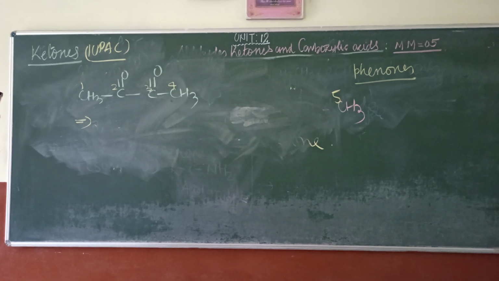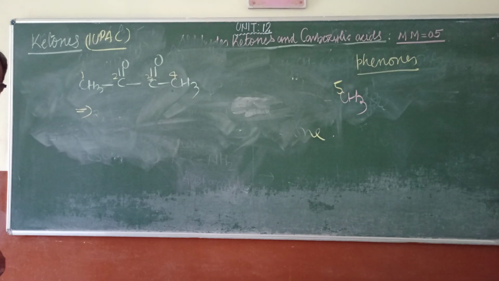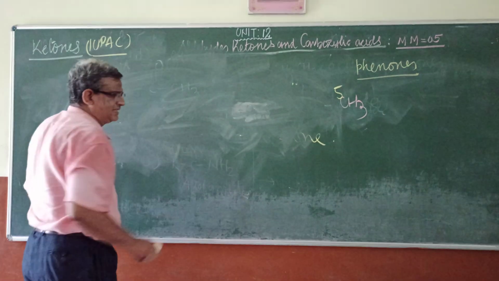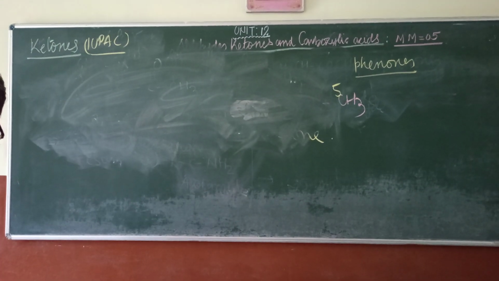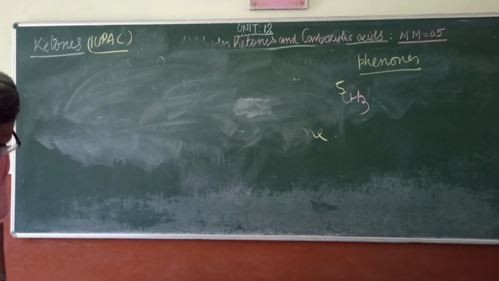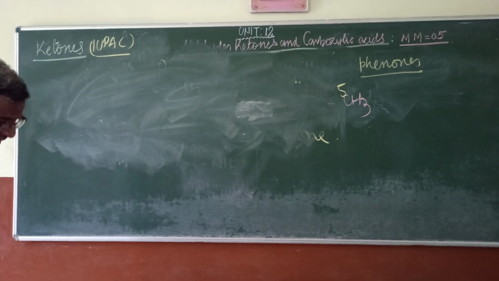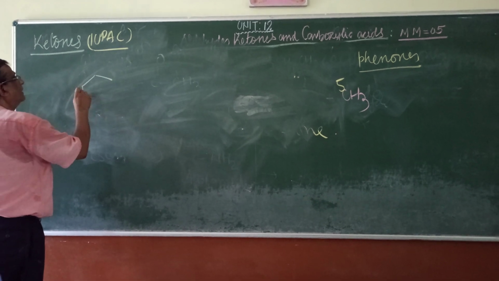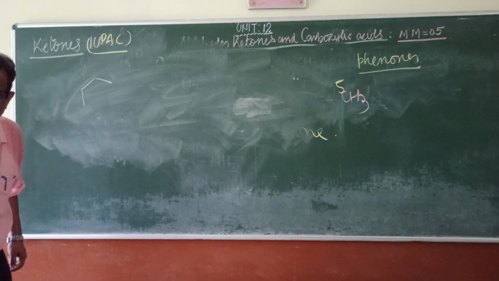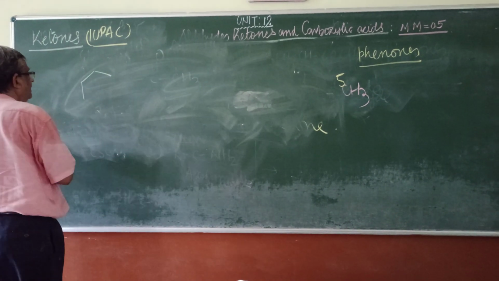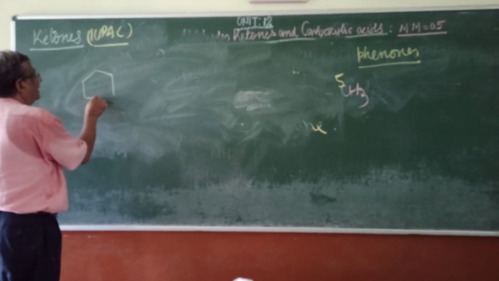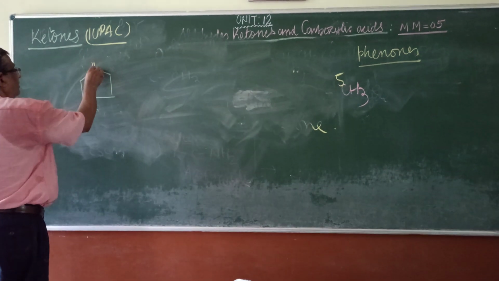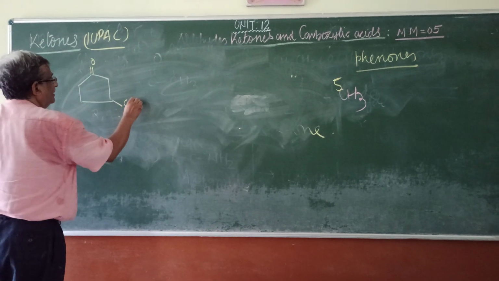Let us come to some cyclic ketones. What are cyclic ketones? In cyclic ketones, the carbonyl carbon is given the number 1. For example, I write the structure here. This is double bond oxygen and this is the methyl group.